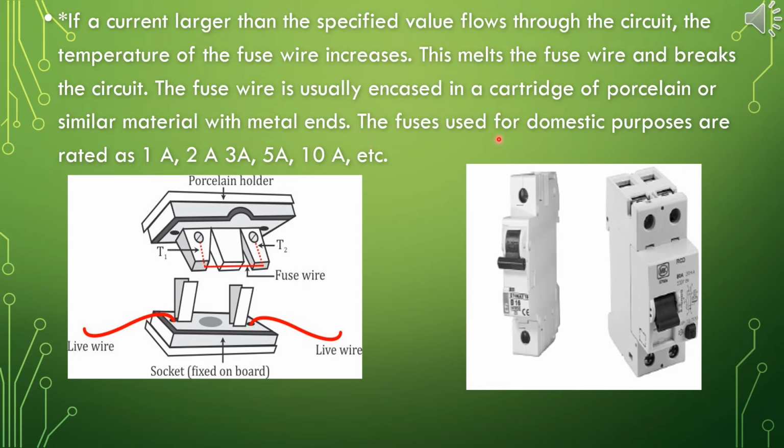The fuses used for domestic purposes are rated as 1 amp, 2 amp, 3 amp, 5 amp, 10 amp, etc. You can observe in the below figure a porcelain holder and fuse wire is shown, as well as a metal holding. On another side, a figure which is giving an idea about the miniature circuit breaker, which we call MCB, that also works as a fuse.